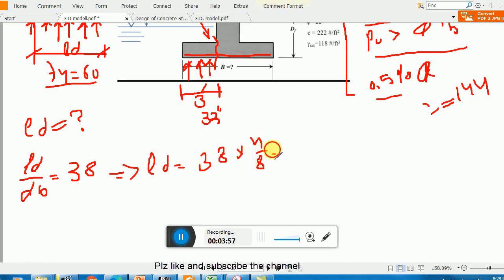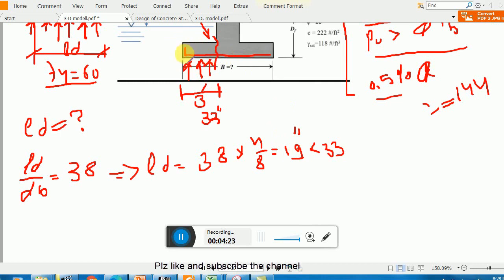We are using a number 4 bar, so 38 times 4 divided by 8 gives 19 inches. So we need a 19-inch development length LD, and as the available space is 33 inches, which is more than 19 inches, the development length criterion for tension is satisfied, and we don't need to provide a hook.